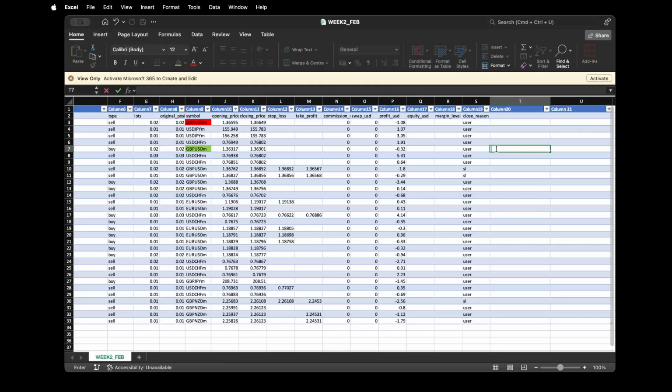The mistake I made in this trade shows that I'm not confident enough when I punch in the trades.